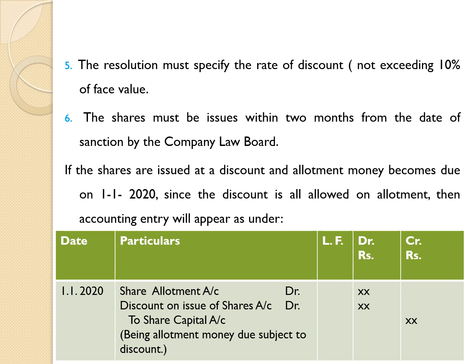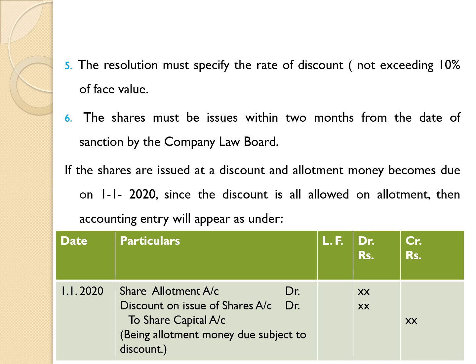For passing any general entry, we prepare 5 columns. The first column is date, another is particulars, the third is LF, the fourth is debit rupees, and the last is credit rupees.